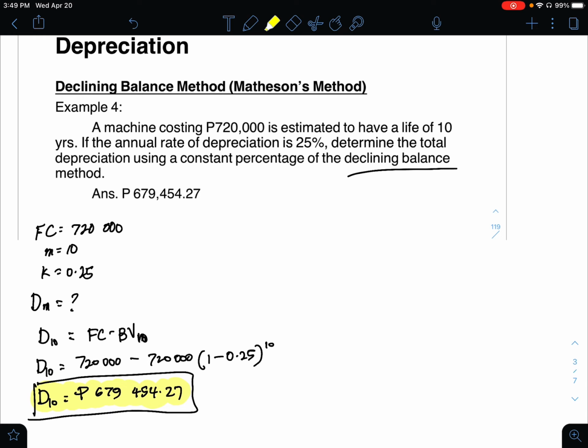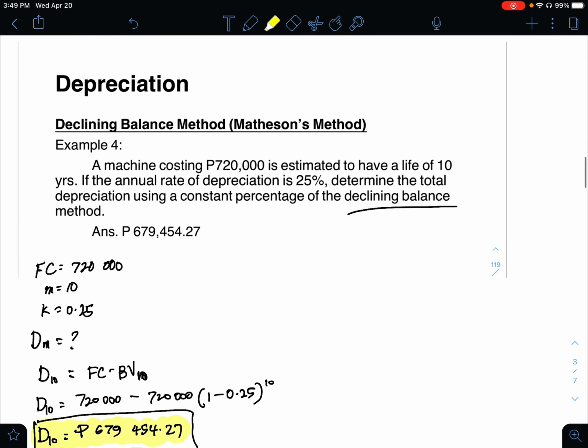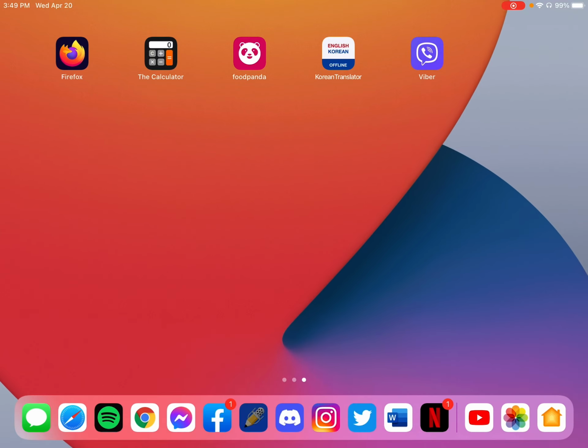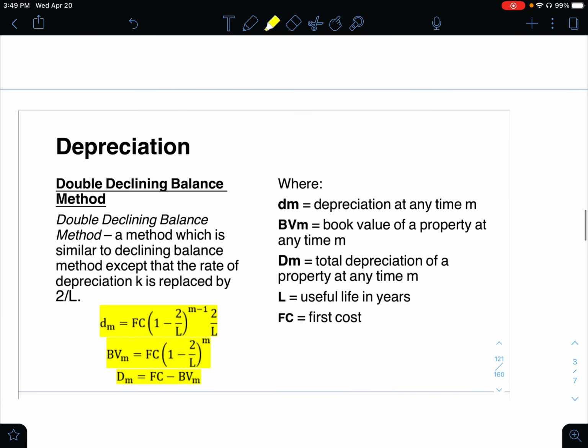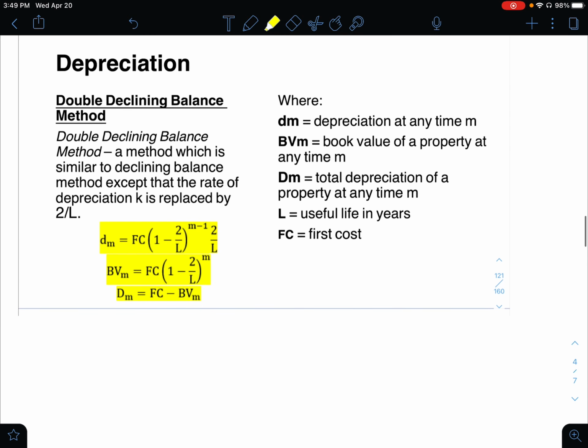Okay, so that is the declining balance method, or Matheson's method. Now, we also have what is called the double declining balance method. The double declining balance method is similar to our previous one, declining balance, except that the rate of depreciation k is replaced by 2 over L. So instead of k, it is now 2 over L. Double, double declining.